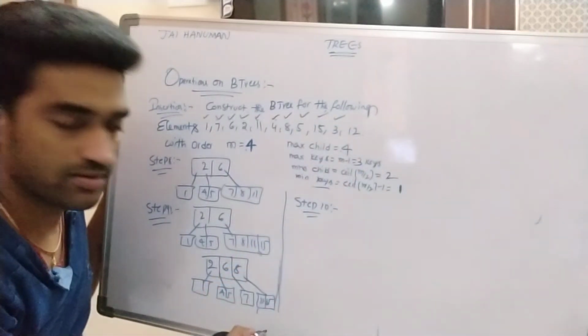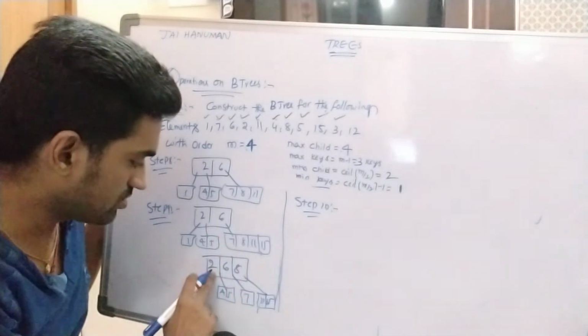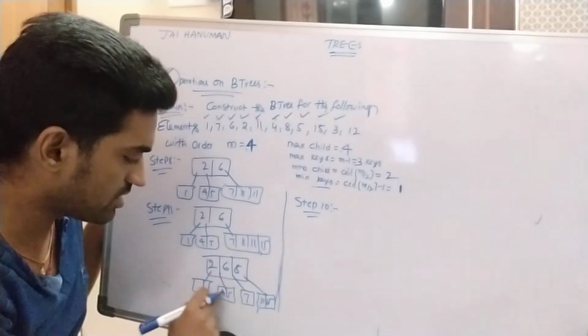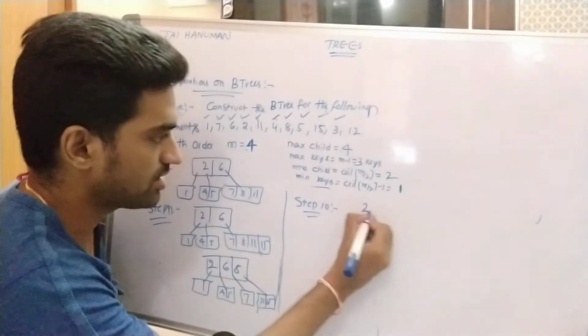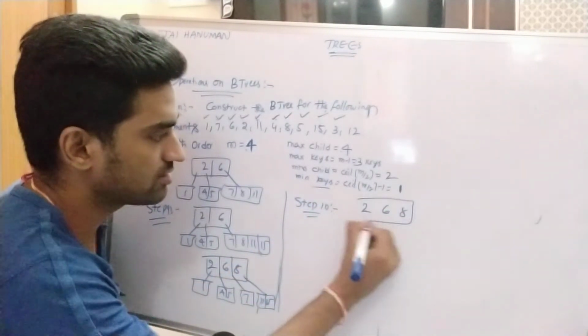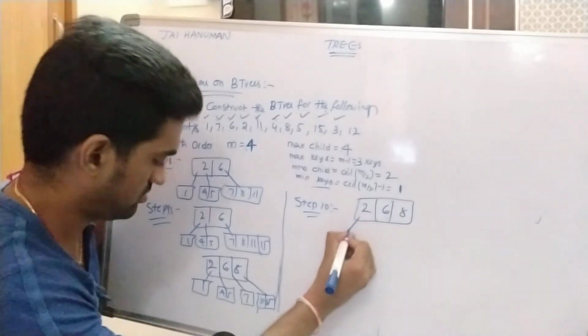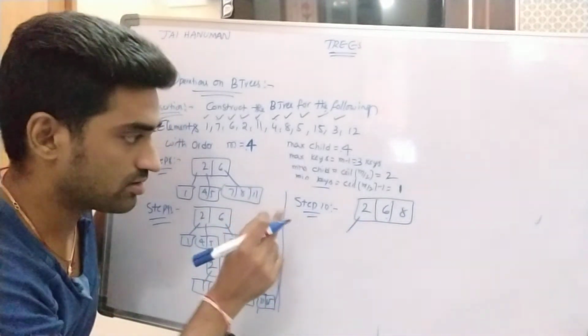3. So when compared to 2, this is greater value. So that's why we are inserting right of 2. Now tree becomes like this: 2, 6, 8. Remember one thing.